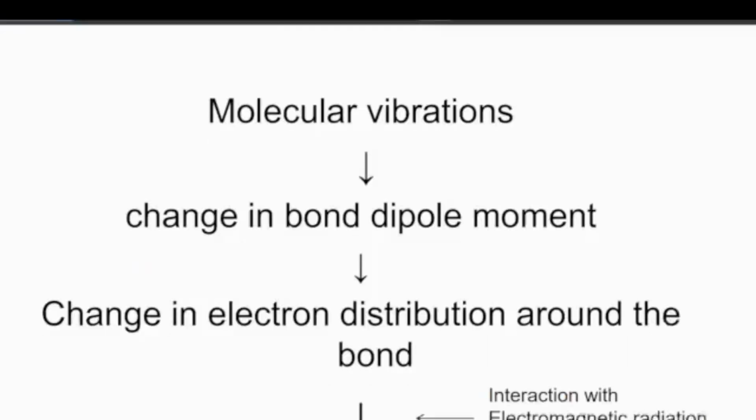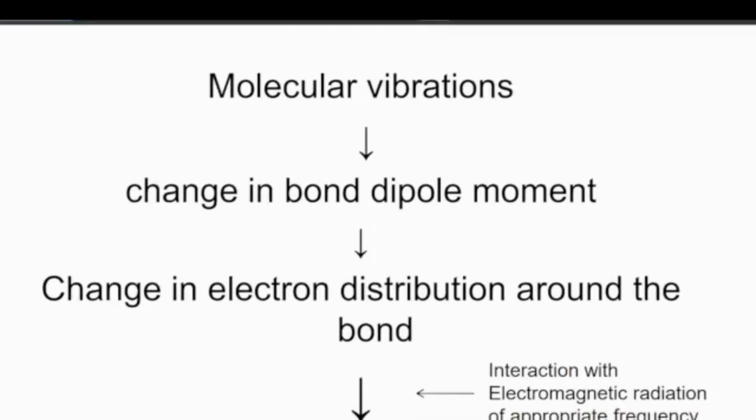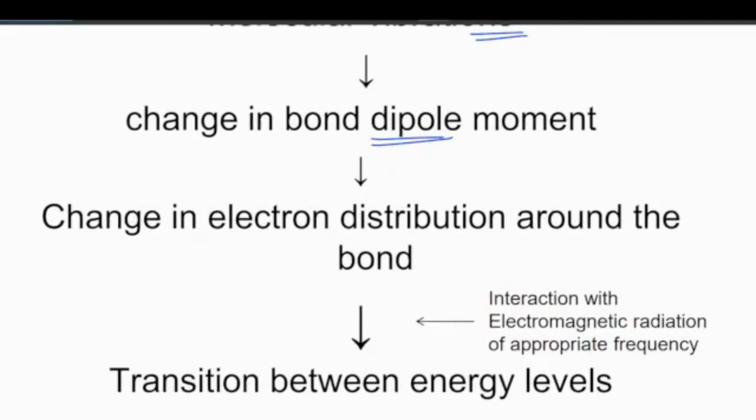molecules. So what happens is the molecule vibrates and there is a change in the molecule's dipole moment, and due to this a change in the electron distribution around the bond, and a transition between the energy levels.